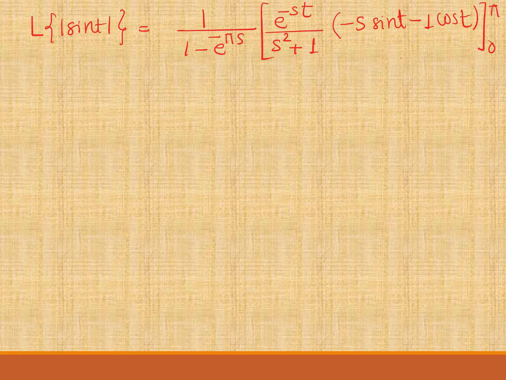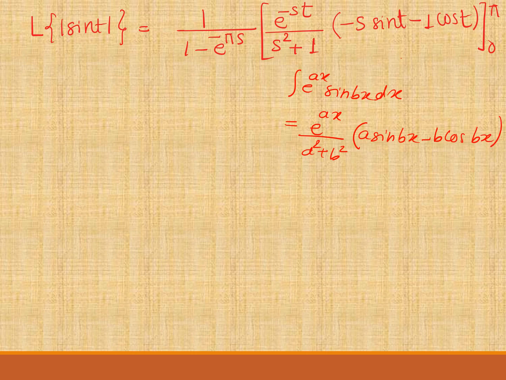This is what we have obtained by using the standard formula of integration, that is e raised to power ax into sin bx dx, which is equal to e raised to power ax upon a square plus b square, in bracket a sin bx minus b cos bx. So with this we have obtained the integration of the given integral.